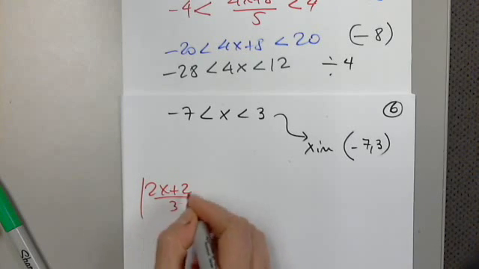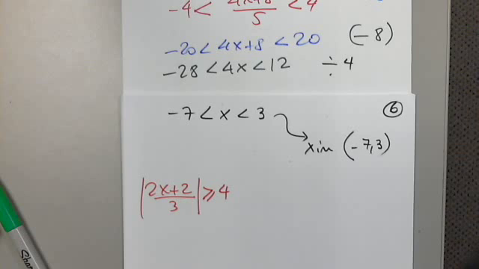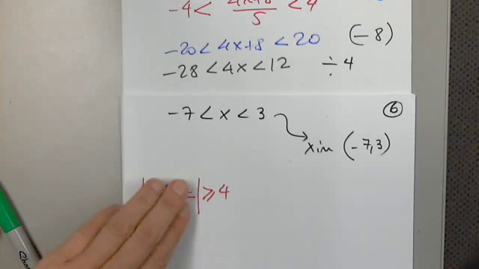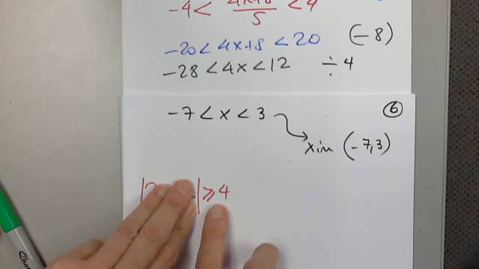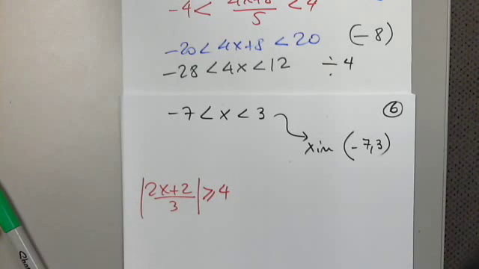The absolute value of (2x plus 2) divided by 3 is greater than or equal to 4. We have to read it carefully, and when we finish reading it, we know which territory to look at. Once I read it, I say absolute value greater than or equal to 4. Further away from 0. So I know that this cannot be presented in a chain.